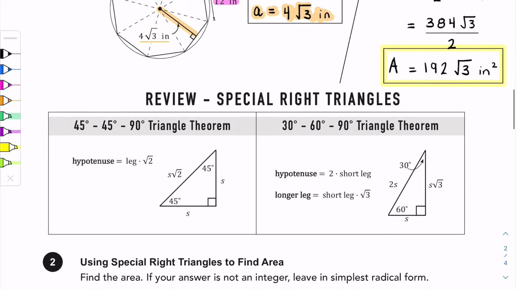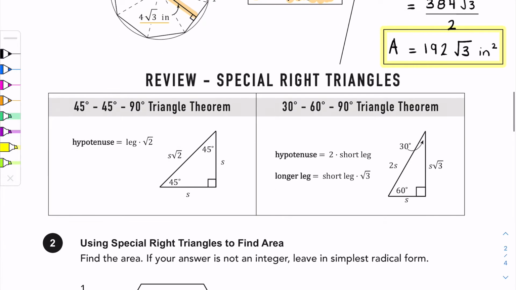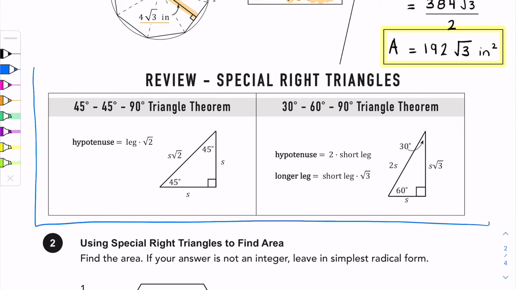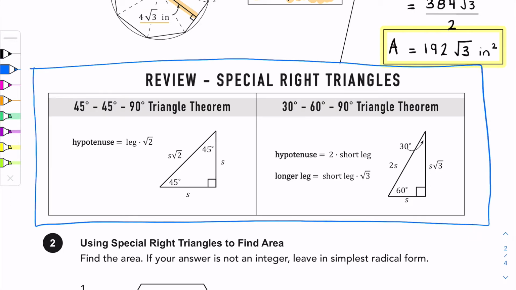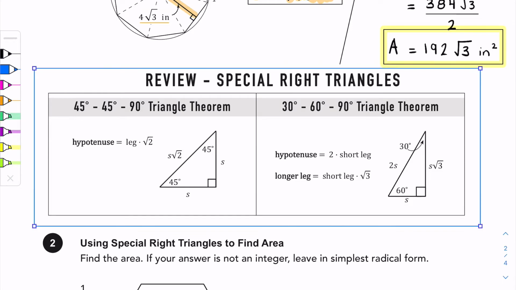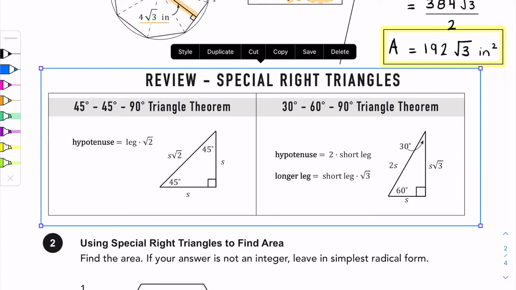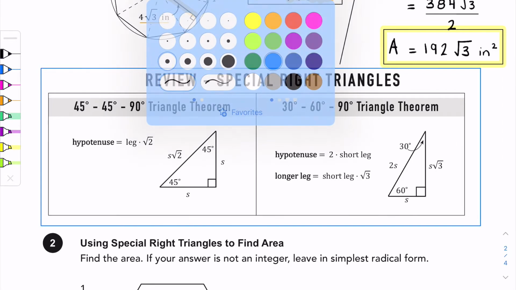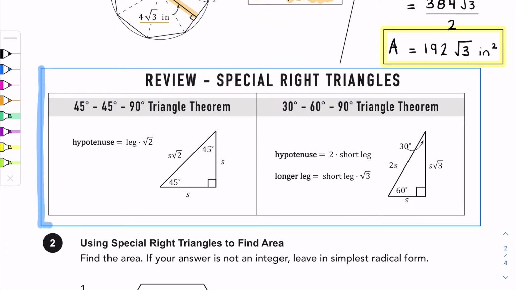Okay, next up we're looking at a quick review of special right triangles, which we have actually already talked about this unit. I believe in lesson 2, we also briefly discussed the special right triangle formula. So I don't think I need to spend time in the video going over this. There are other videos you can find if you need to review special right triangles.